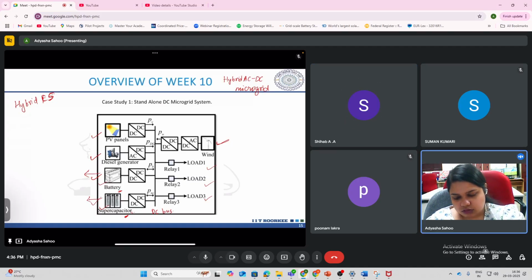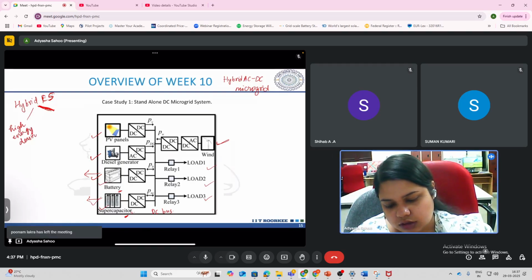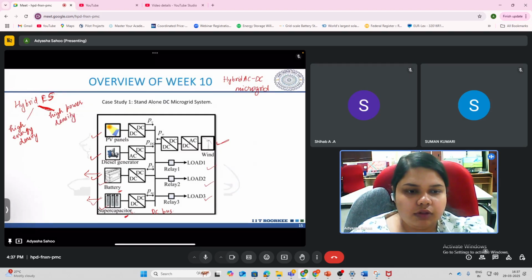Yes. So what we do in a hybrid energy storage system is, because the energy storage system will either have a high power density type structure or a high energy density type structure, depending upon its technology, we try to combine two energy storage technologies, one with high energy density and one with high power density, so that we can use them for different applications.